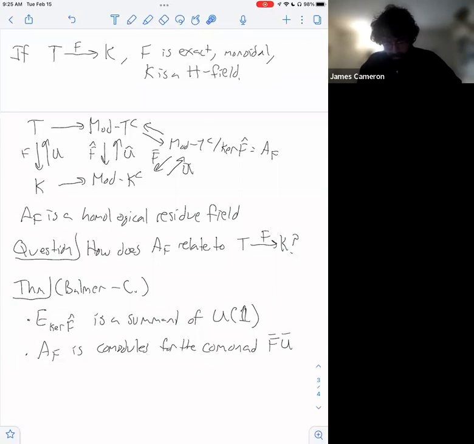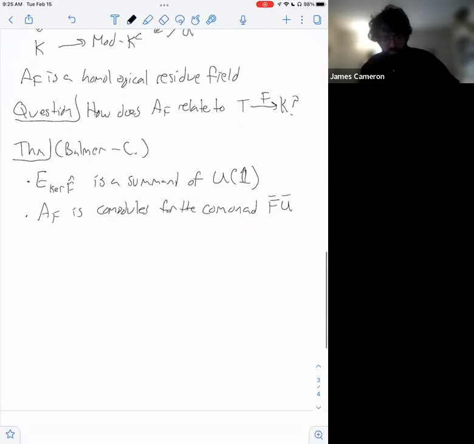So we have this comonad here on modules for K, and we cook up this residue field, or it's comodules for that comonad there. Okay, so this is satisfying, and here's a quick sketch of the proof.